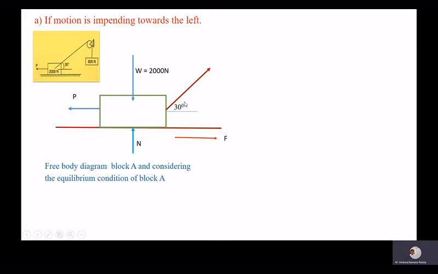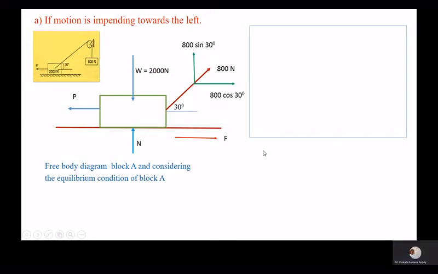Now we consider the equilibrium of the block: sigma Fx equals 0 and sigma Fy equals 0. Because this is an inclined force, we resolve it into horizontal and vertical components: 800 cos 30 and 800 sin 30. Summation of vertical forces is equal to 0.